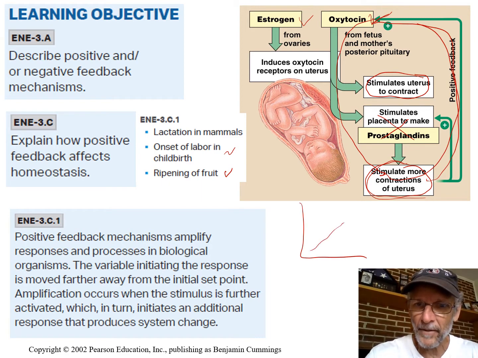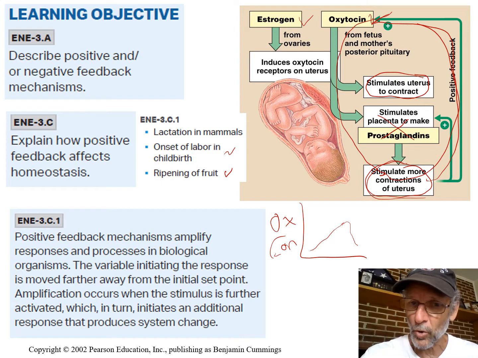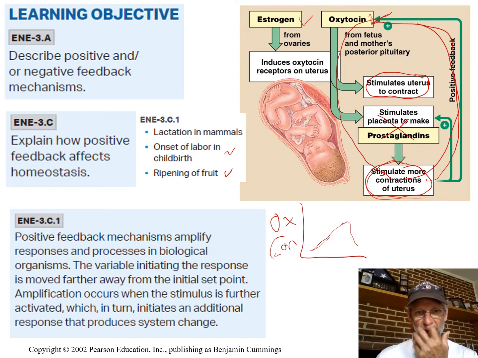We get that same kind of graph until the baby comes out or that ripe fruit falls off the tree, and then the signal is no longer given, so the oxytocin level and the contractions both start to go down. Notice that the oxytocin could have been on this y-axis, or the contractions could have been on this y-axis. It would have been the same story, more with positive feedback.